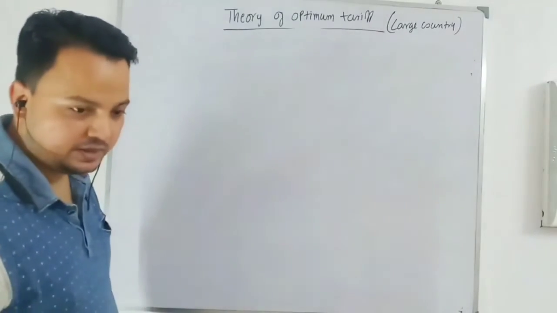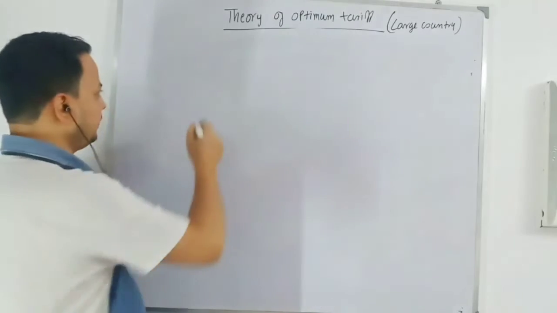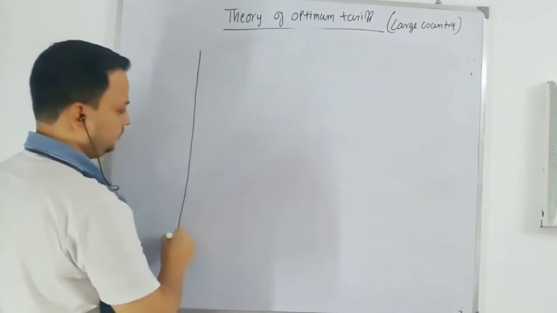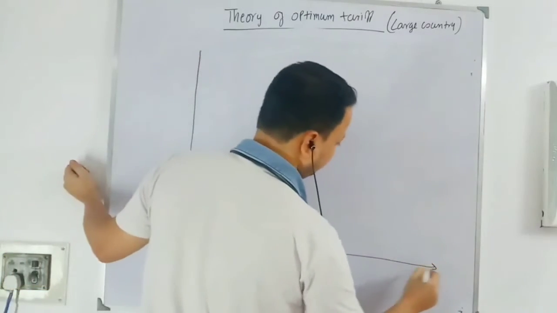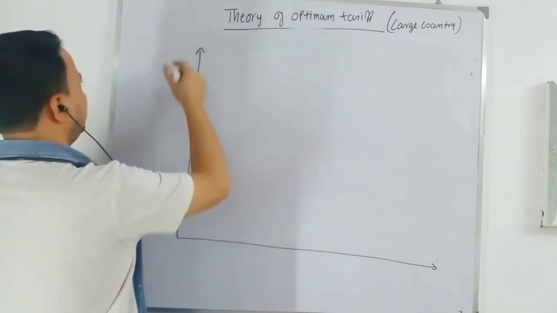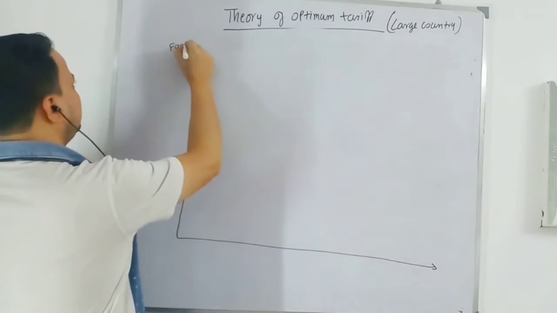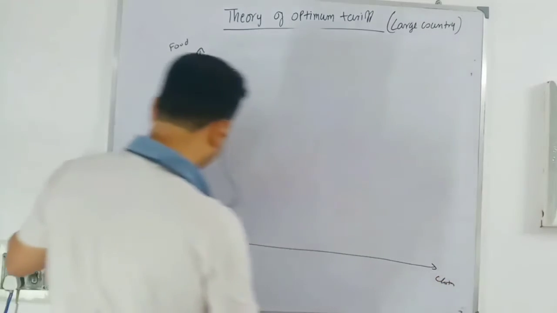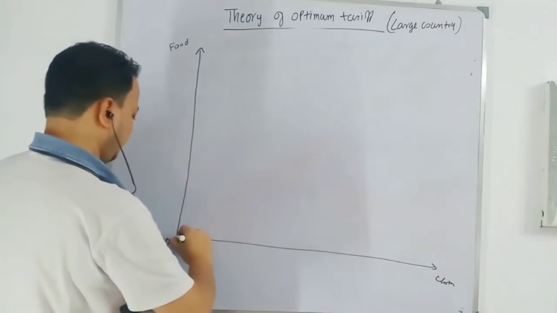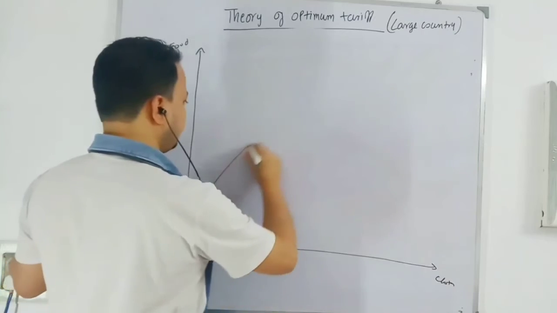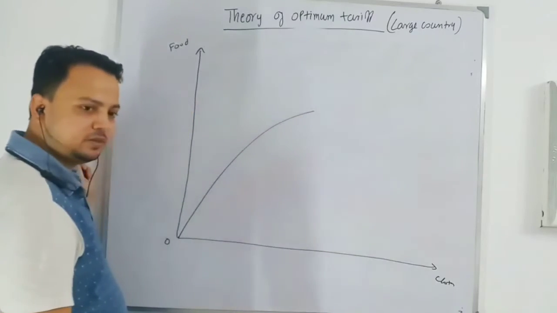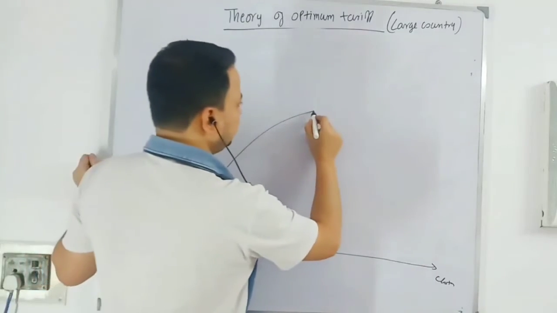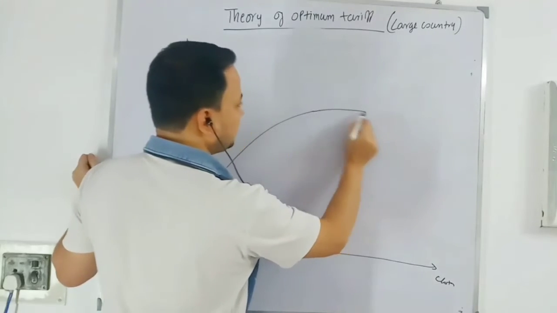Now I am looking at the elasticity aspect. This is important. So here I am taking food, and here I am taking cloth. The offer curve of the foreign country is positive, meaning it is not changing much.